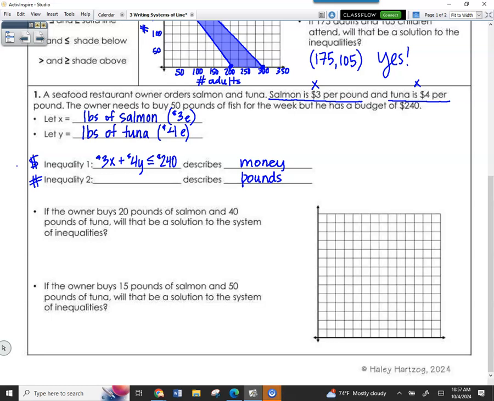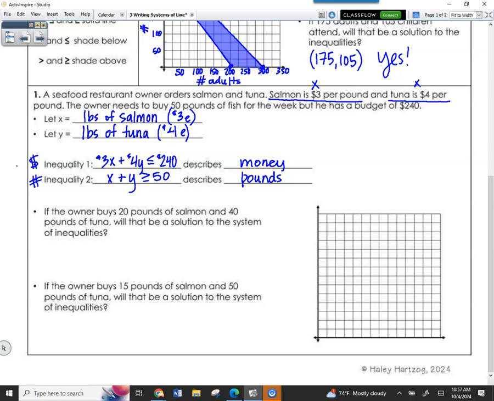Now you're tallying up how many pounds in general. So what would this be? x plus y. Now he needs 50. Greater than. Good. He needs 50, which means he can get 50. He could get more than 50. He cannot get less than 50.